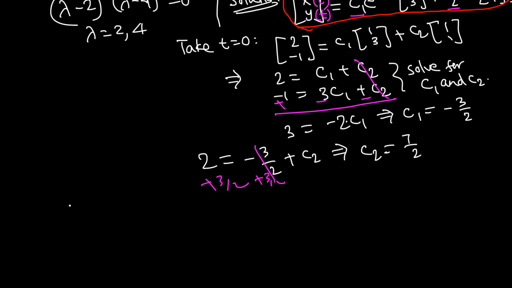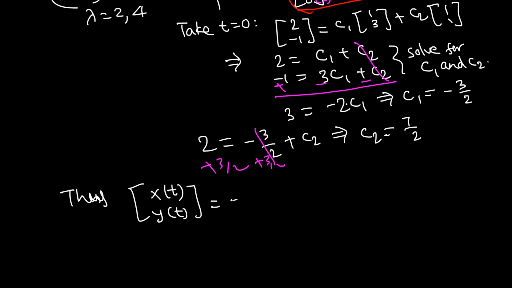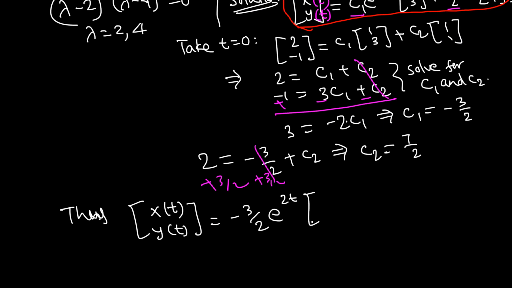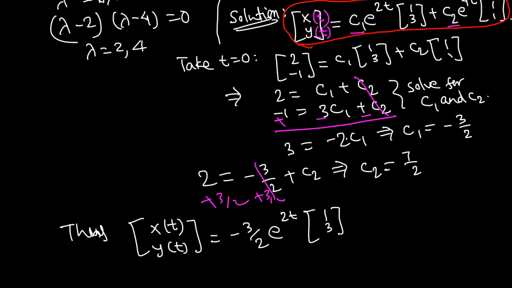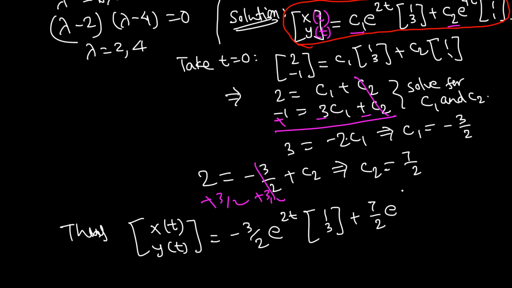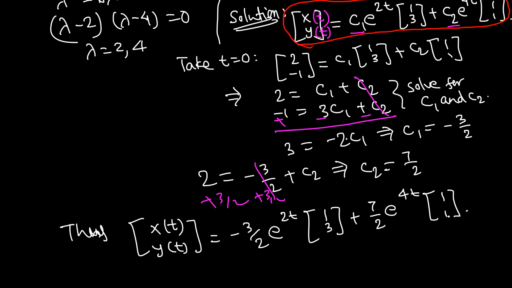Thus the final answer, x as a function of t, y as a function of t, is equal to c1, which is negative 3/2, e raised to 2t times (1, 3), plus c2, which is 7/2, e raised to 4t, and the vector was (1, 1). Okay, final.